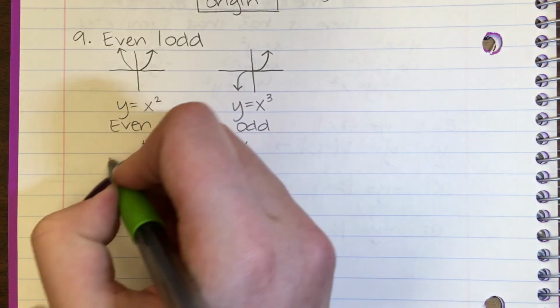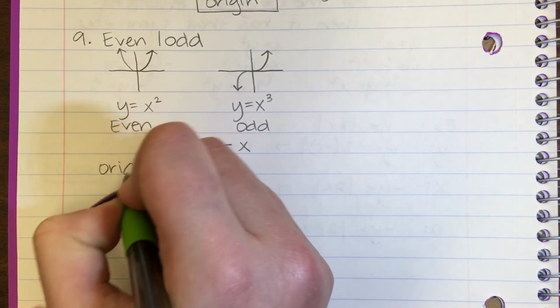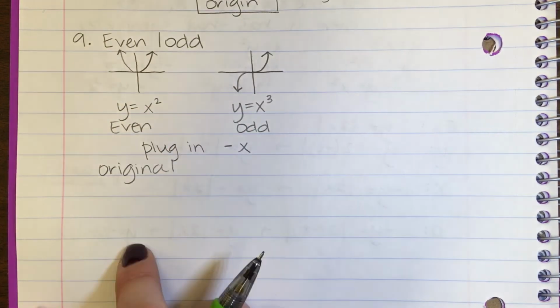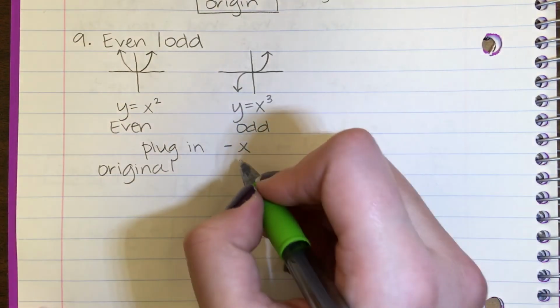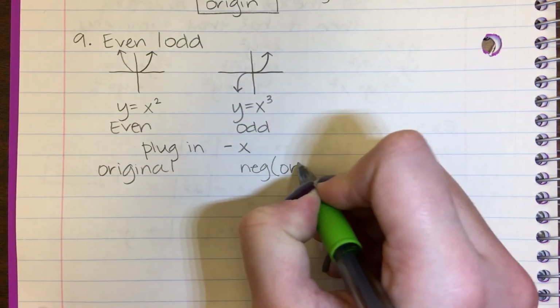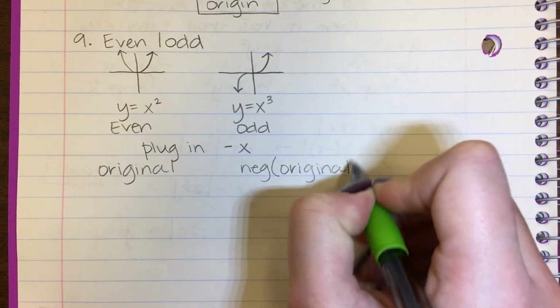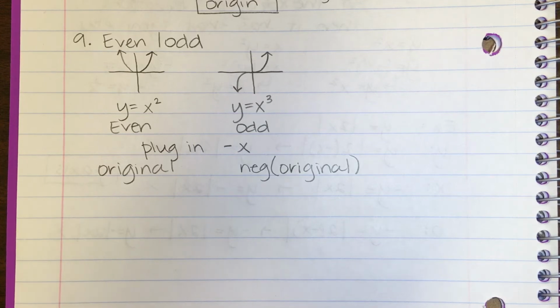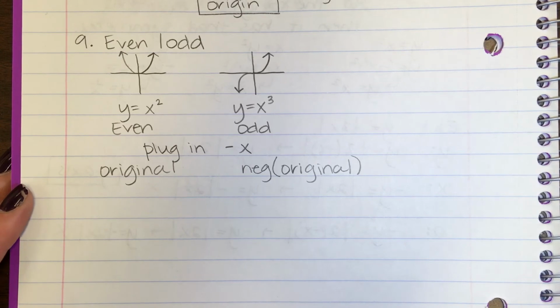For even functions, if you get the original function as a result, then you know that it's even. If you plug in negative x and you get the negative version of the original, then you know that the function was odd. So we have one test, but instead of it being true or not true, depending on the result, we have our conclusion.